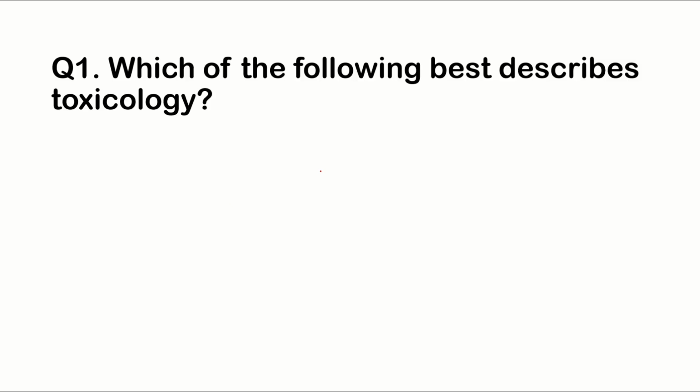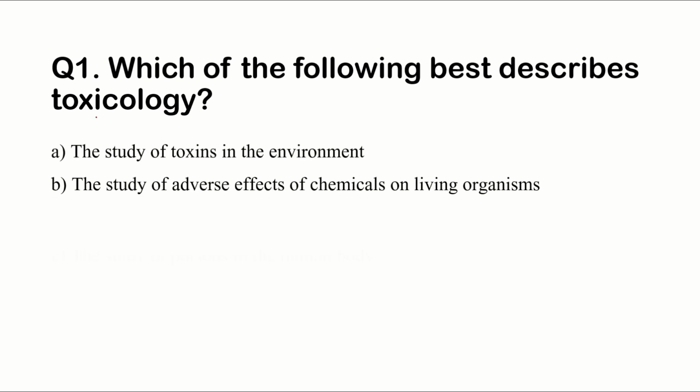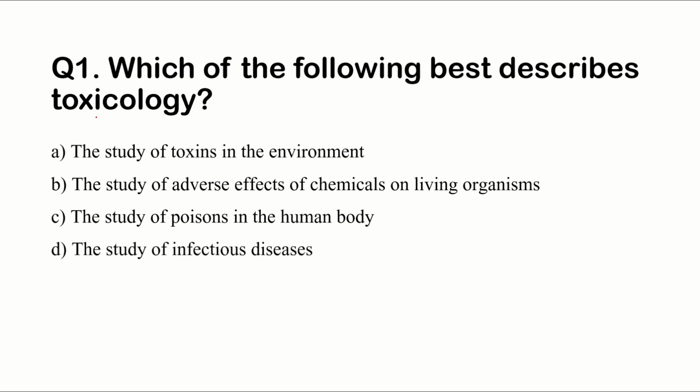So first MCQ is, which of the following best describes toxicology? Options are: A, the study of toxicology in environment; B, the study of adverse effects of chemicals on living organisms; C, the study of poison in the human body; and last is the study of infectious disease.